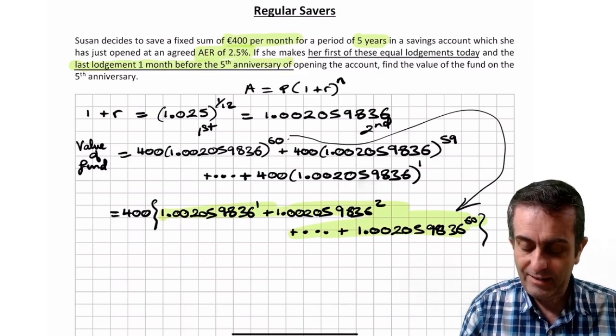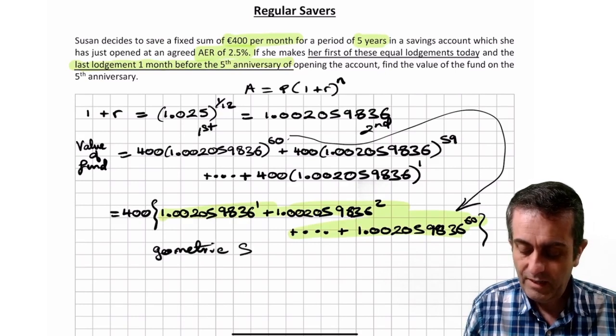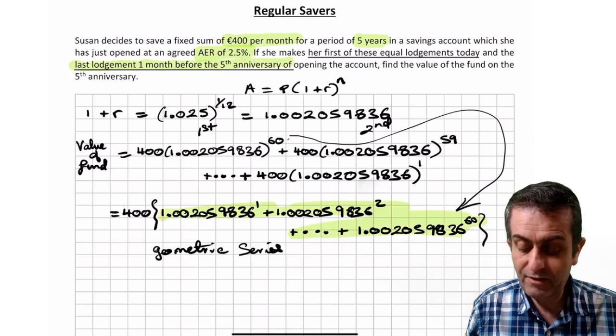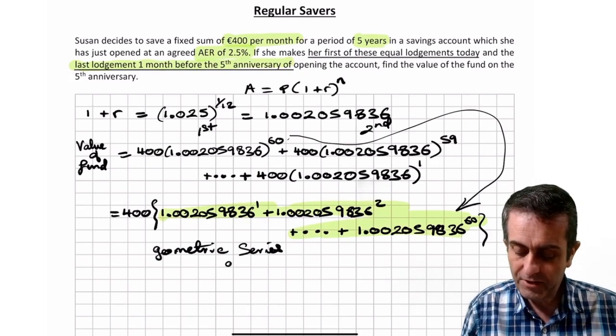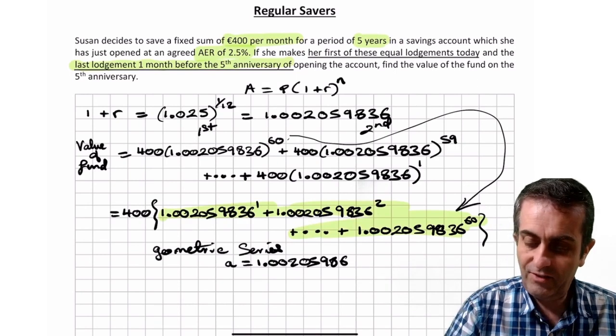So we'll just write that down. This is a geometric series inside the curly brackets. We're leaving out the 400. The first term A is 1.002059836.